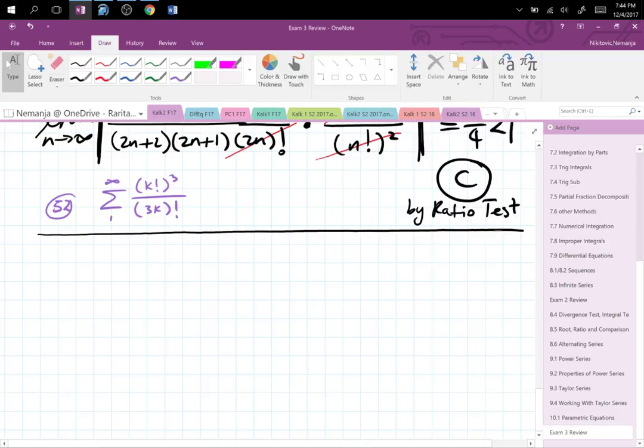Only if x is 0. If x equals 0, kill that, and it converges: 0 is less than 1. So if x is 0, then the whole thing is 0, and that's less than 1, so it converges. If x is anything else but 0, you have infinity on the k part.